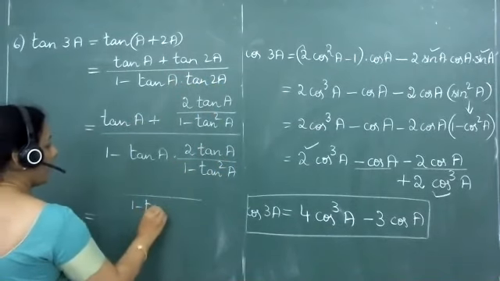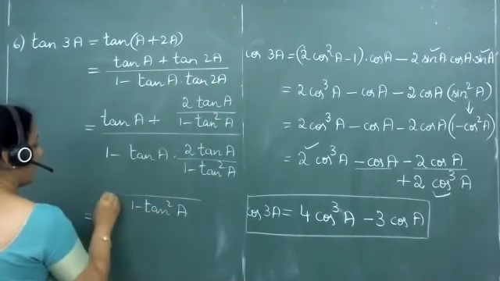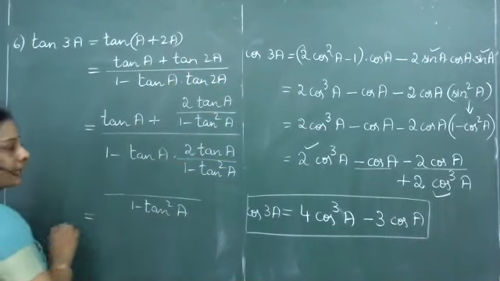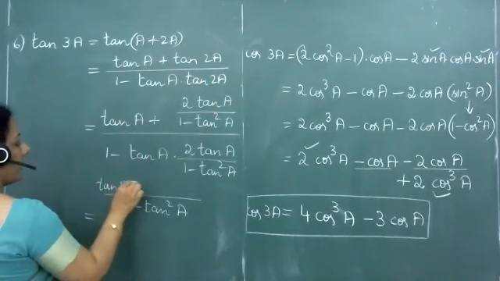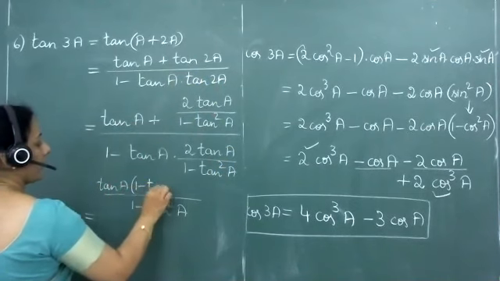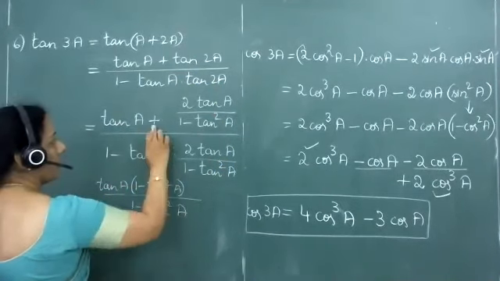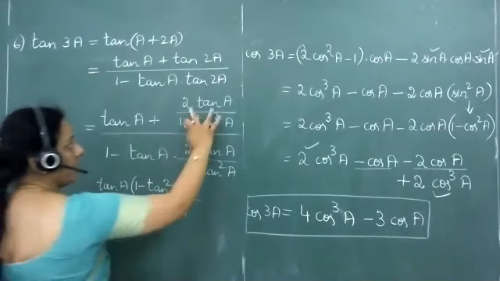We get 1 minus tan squared A in the denominator as LCM, so that I get tan A multiplied with 1 minus tan squared A. Here remember we have a plus sign.